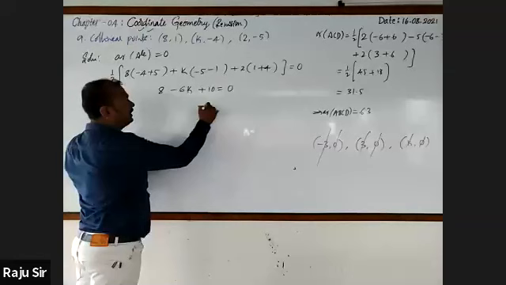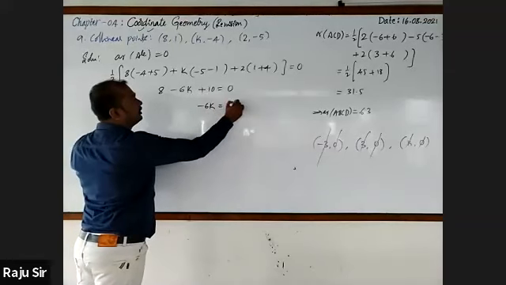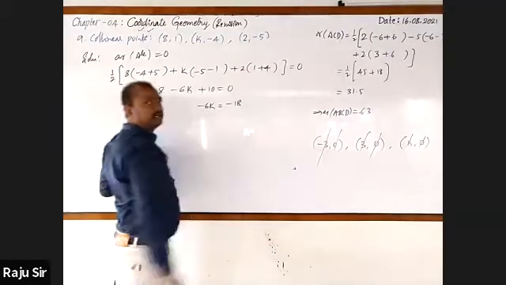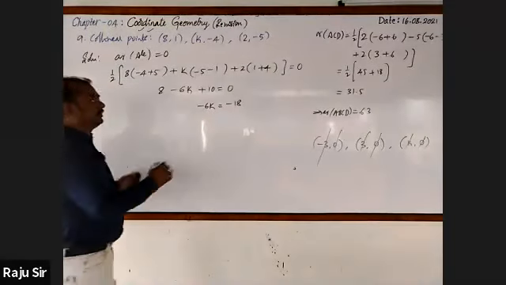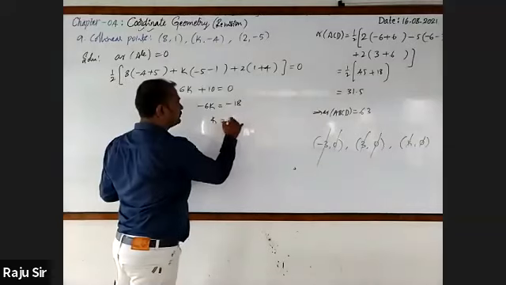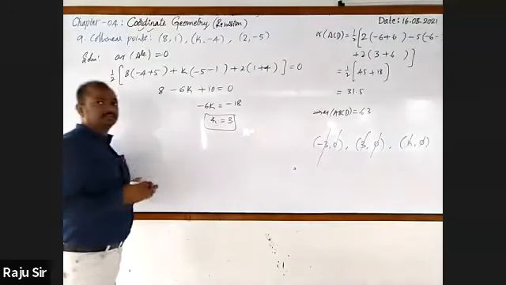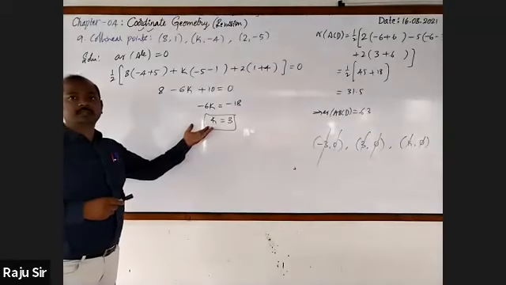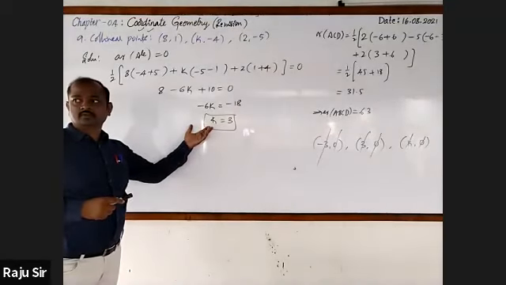Next, -6K is equal to -18, because 10 plus 8 is 18. Transferring that to the right hand side, what is the value of K? K is equal to 3. Which quadrant? Fourth quadrant.